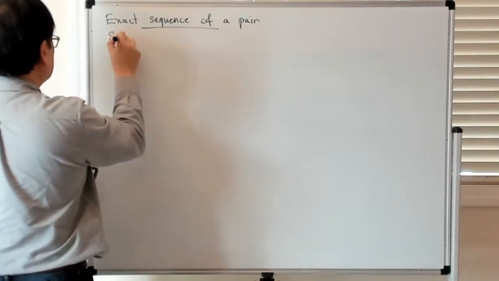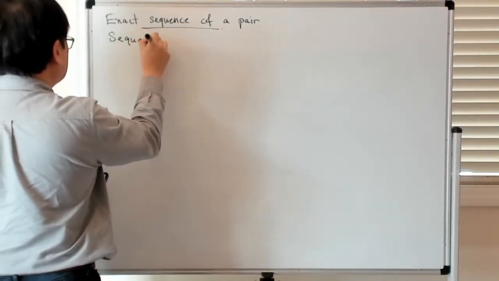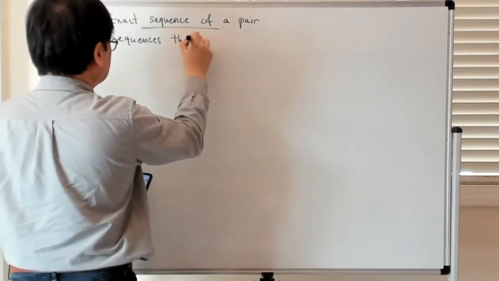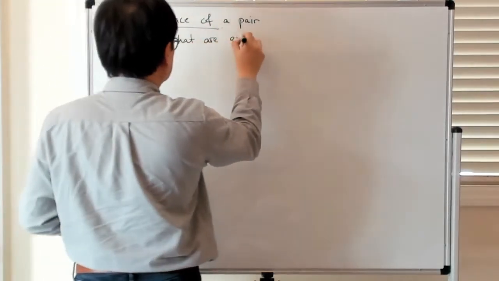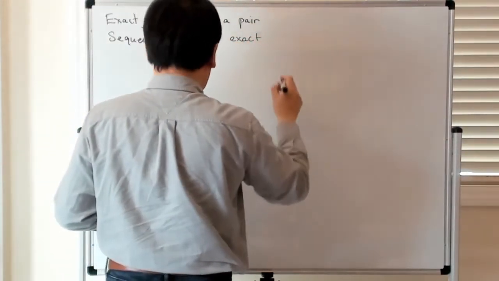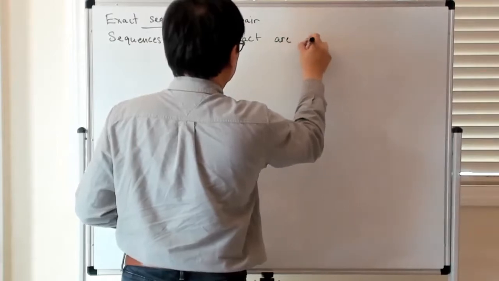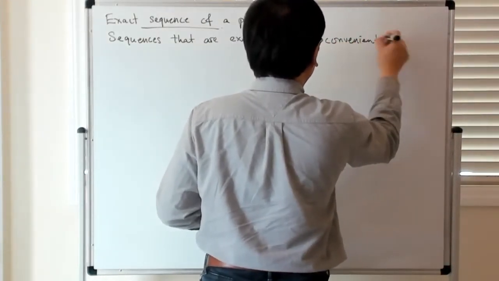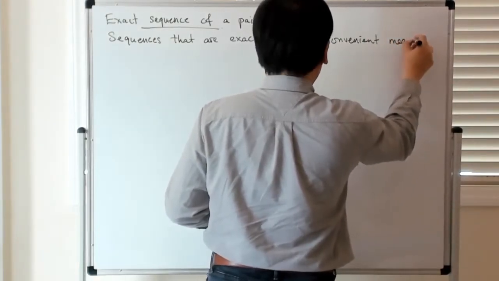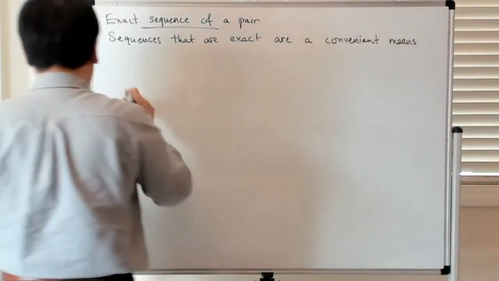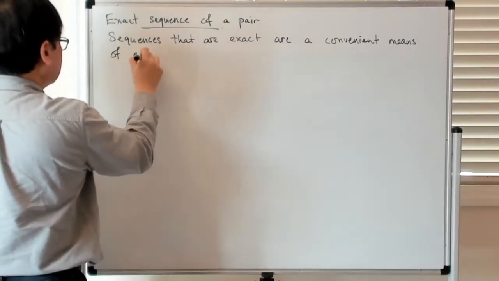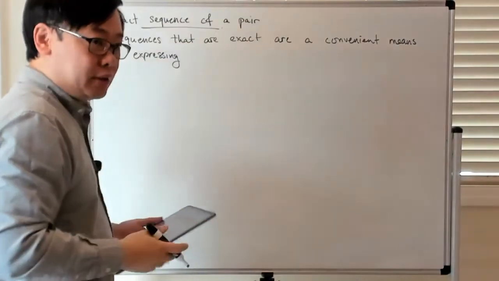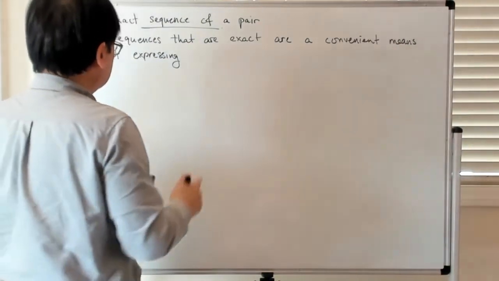So these exact sequences are a convenient means of expressing otherwise cumbersome relationships between homology groups.